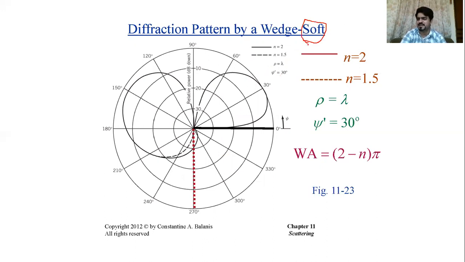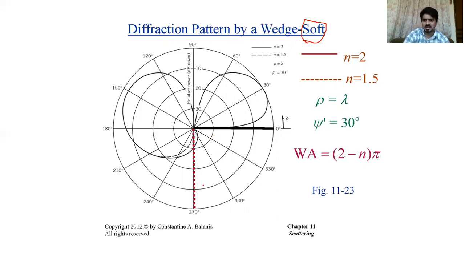When we look at the diffraction pattern, you can see that because you have a soft polarization, that is nothing but TMz polarization, meaning your E field is parallel to the edge of your wedge. And we know that when the E field is parallel to the edge of a PEC wedge, you will have much weaker diffracted fields.